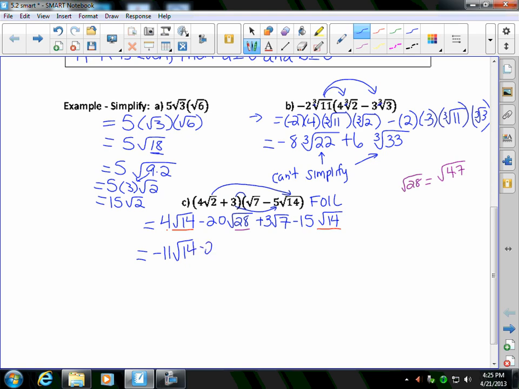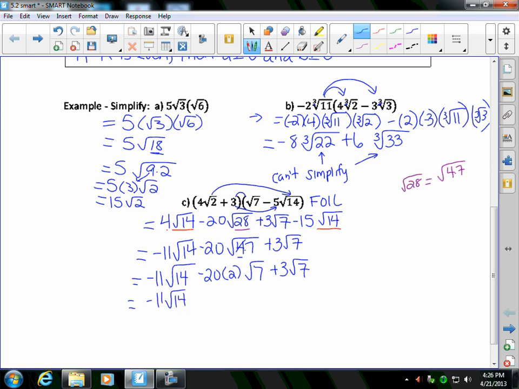And this is going to be negative 20 times 4 times square root 7 plus 3 square root 7. So negative 20 and this 4 times 7, that means I'm going to pull that 2 out. So it's going to be negative 20 times 2. So I've taken care of that 4 in that root. Leaves me with the square root 7 plus 3 square root 7. So negative 20 times 2 will be a negative 40.